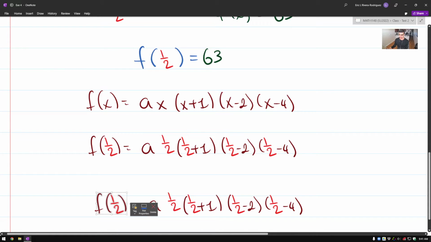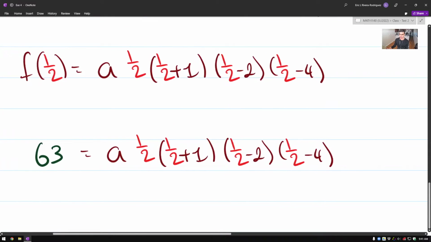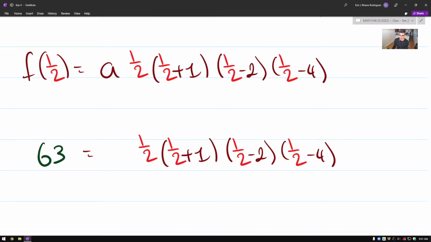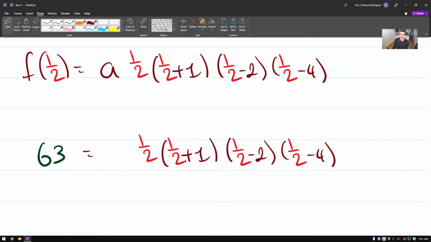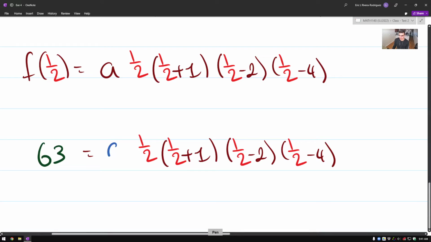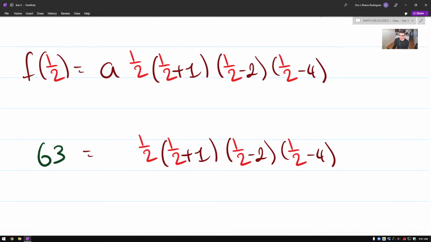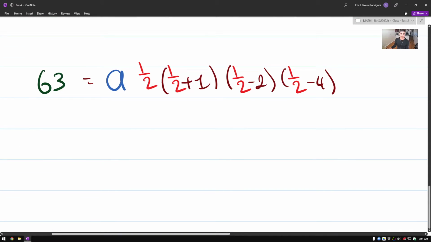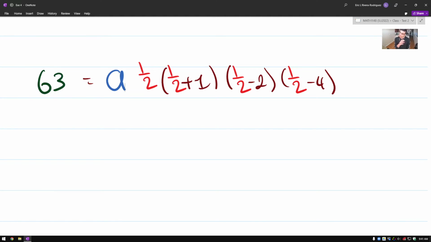So I'm going to erase this and just put 63. And then what we need to do is solve for a. Our leading coefficient is a variable. So what we need to do is solve this equation. I'm going to give you 4 minutes to find the value of a. When you finish, please put the value of a on the chat.